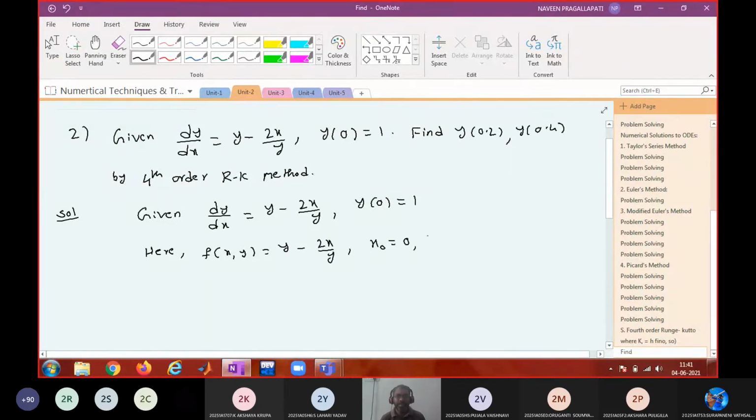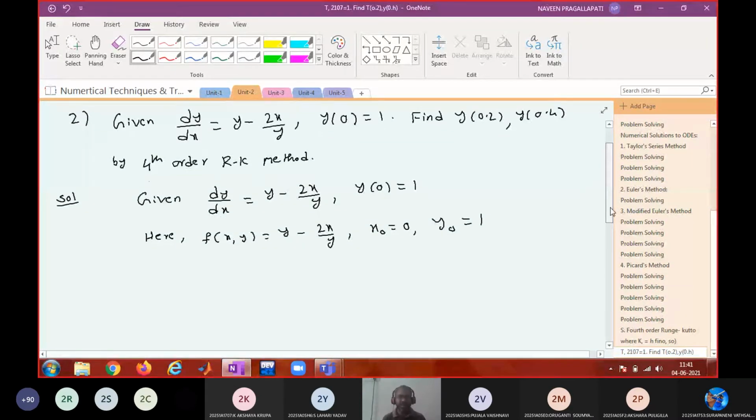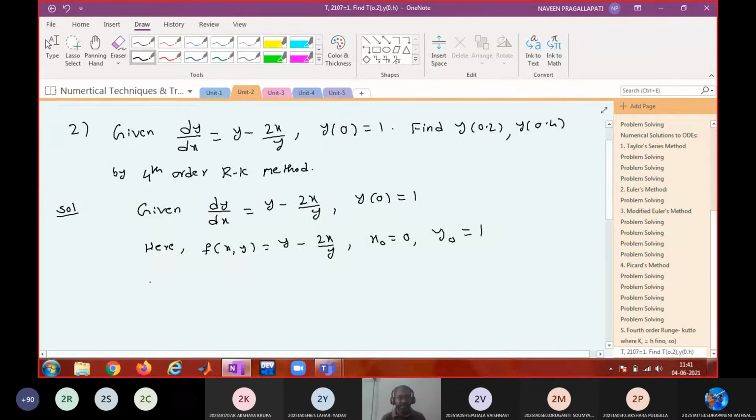So x naught is 0 and y naught is 1. So what is your h? You can see 0, 0.2, 0.4 are equally spaced with the step length 0.2.